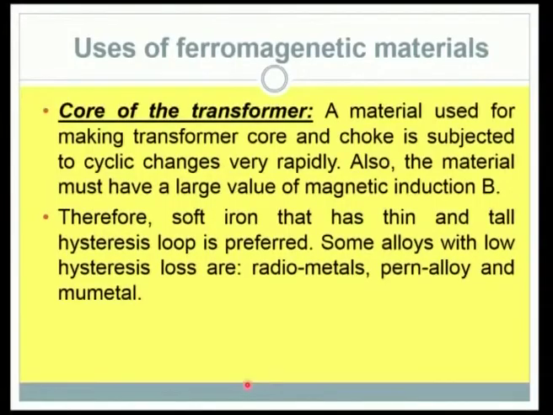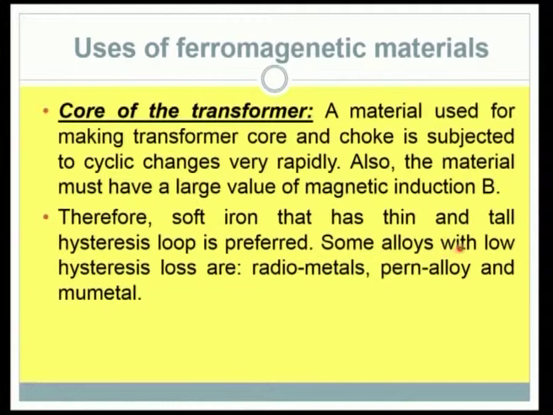One more application we will see is the core of the transformer. A material used for making the transformer core and choke is subjected to cyclic changes very rapidly. Also, the material must have a large value of magnetic induction B. Therefore, soft iron that has a thin and tall hysteresis loop is preferred.